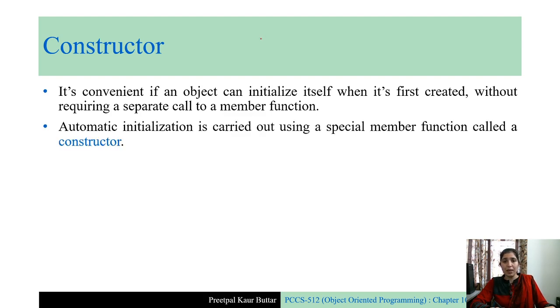This automatic initialization is possible using a constructor. What is a constructor? Constructor is also a member function of the class, and it is a special member function. Special because it is called automatically. You do not call it using object dot constructor name.